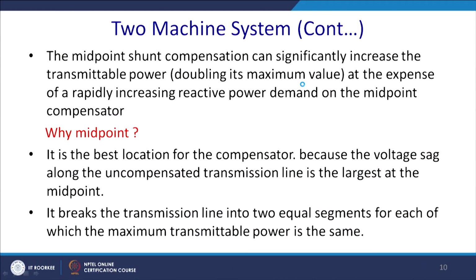So, what is the takeaway from these discussions? The midpoint shunt compensation can significantly increase the transmittable power, both reactive as well as real, and it doubles the maximum value, at the expense of rapidly increasing reactive power demand at the midpoint of the compensator.